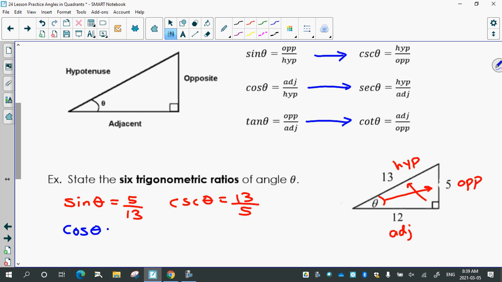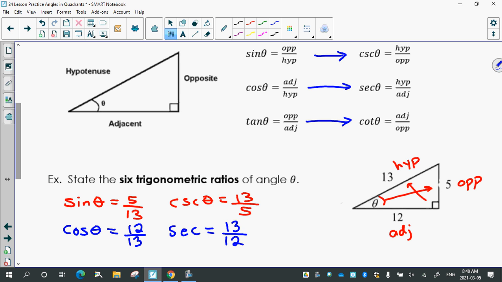Cosine of angle theta is adjacent, which is 12 in this picture, over hypotenuse. And then immediately after I do cosine, I'm going to do secant. And that's the reciprocal, so hypotenuse 13 over adjacent, which is 12.